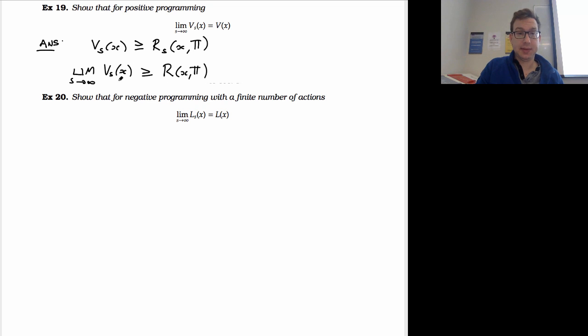So the limit of this guy is bigger than the reward I can get from any policy.